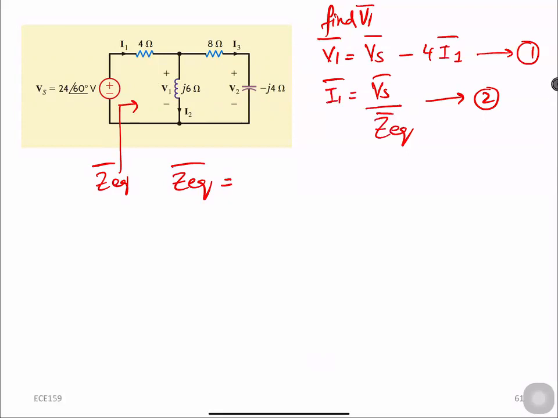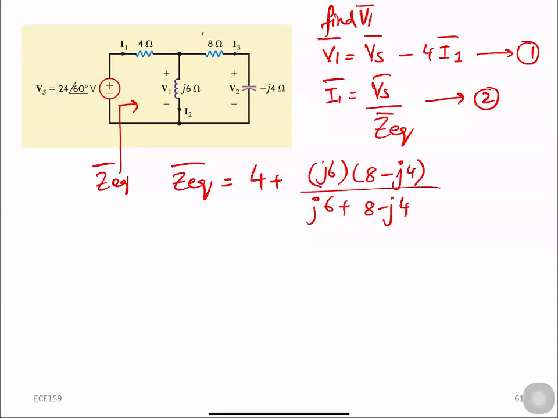So we have to write this in the form of an equation, and we will write this as 4 plus, so 4 ohm is in series with a parallel combination of the inductor and the resistor and a capacitor, divided by J6 plus 8 minus J4.